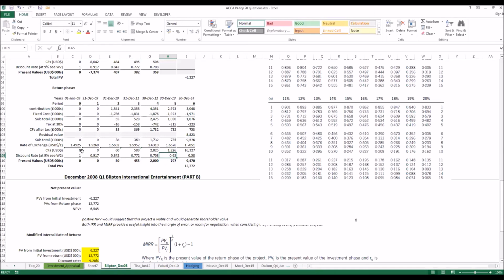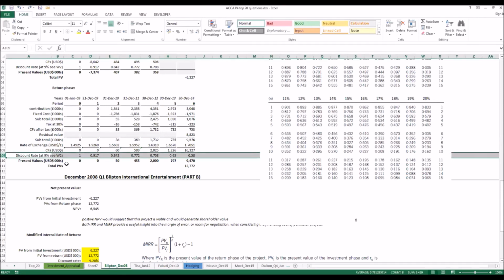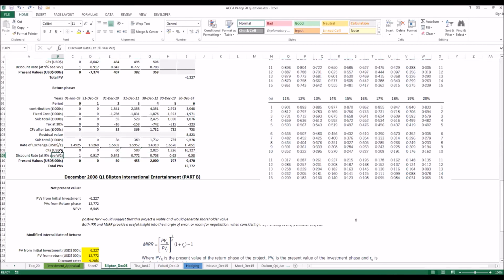So the discount rate would have to be much higher. From 9%, it will go to 10% to 15%, which means that your discount factor will become a lot smaller. So instead of being here at 0.6, it becomes 0.3.